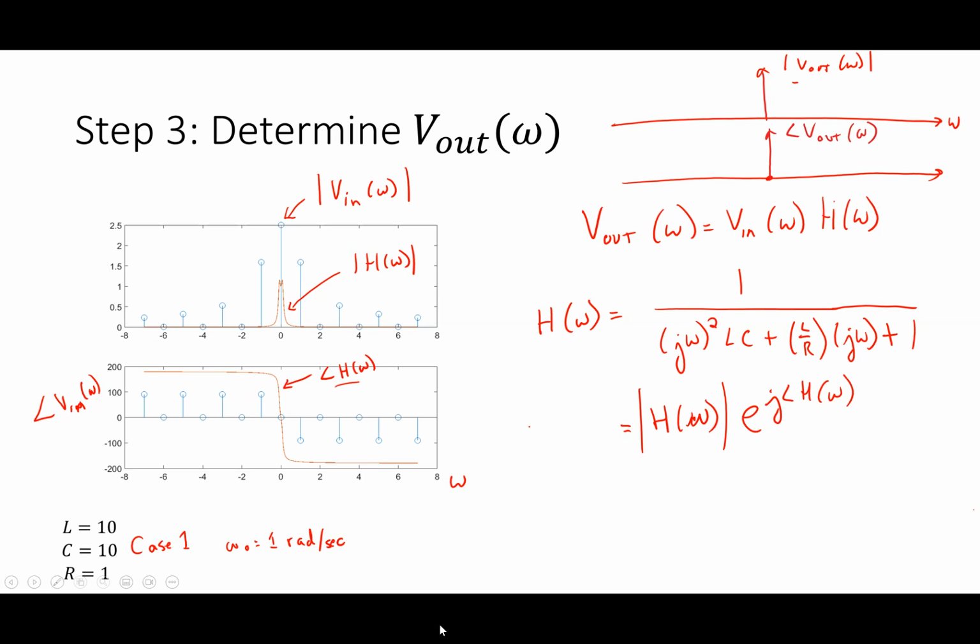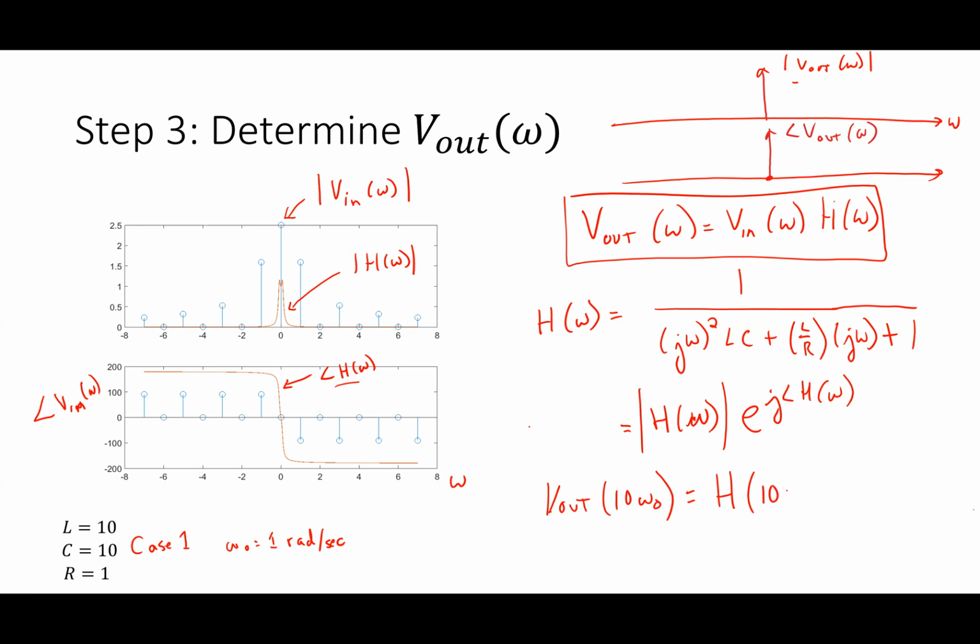Because this is our basic relationship here, I can use it at any given frequency. At the 10th harmonic, V out of 10 omega naught is equal to the magnitude of H at 10 omega naught times V in at 10 omega naught.